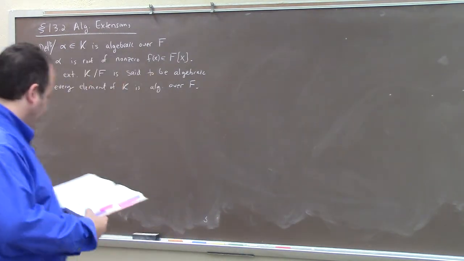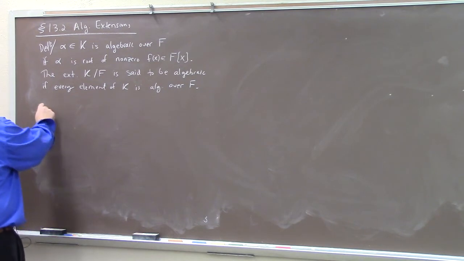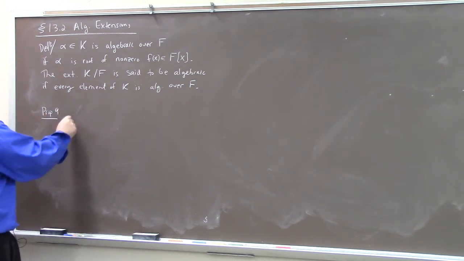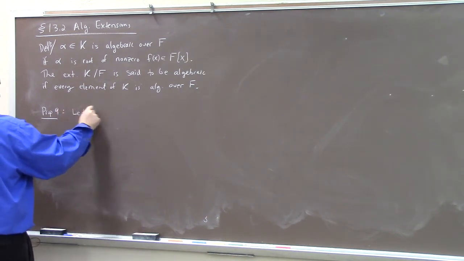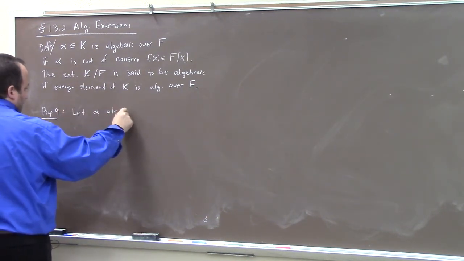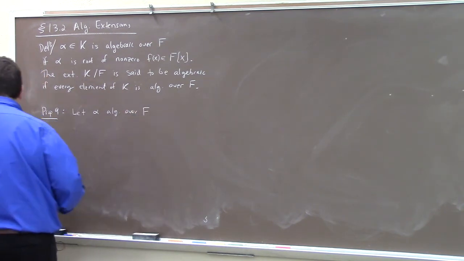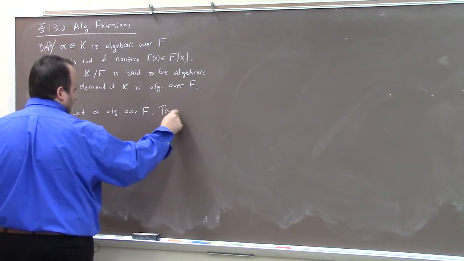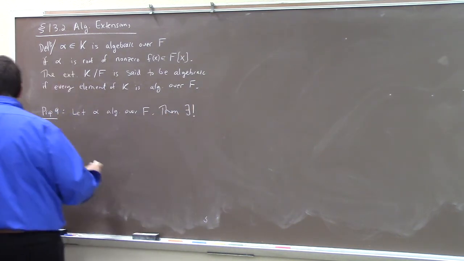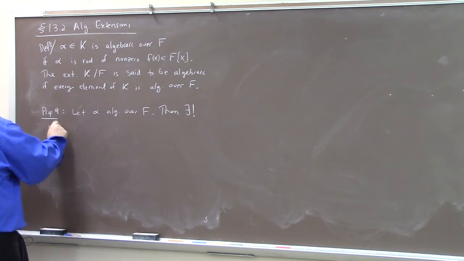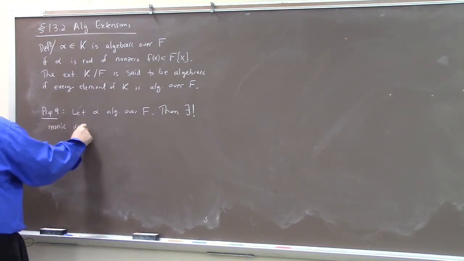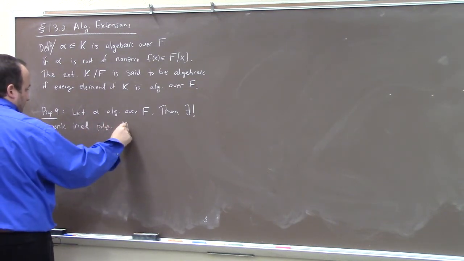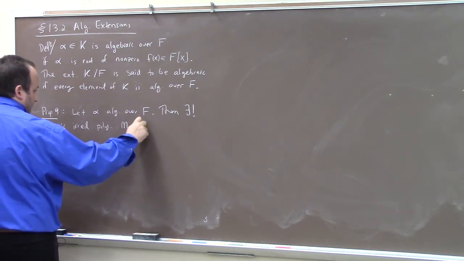Proposition 9 says that if alpha is algebraic over F, then there exists a unique monic irreducible polynomial, which we'll call m sub alpha comma F of x.